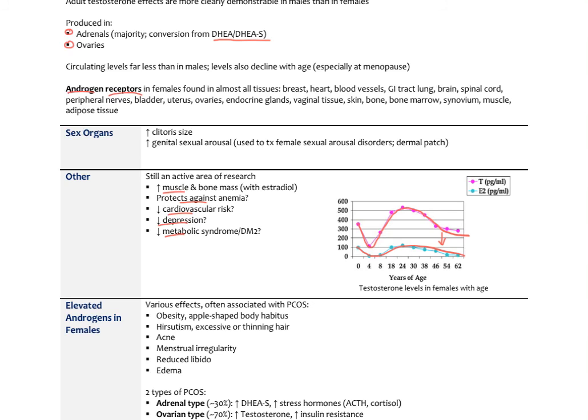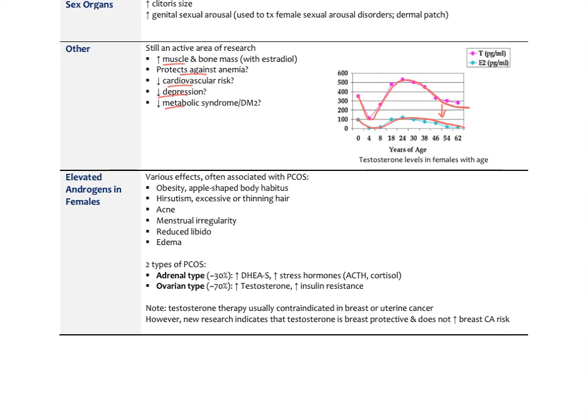We usually think of androgens in females in a negative sense, with elevated androgens, and that happens very clearly in PCOS. And again, there's really two types of PCOS. One would be the adrenal type, about 30%, where there's an increased secretion of DHEA, usually from increased release of ACTH along with cortisol with stress. The other would be the ovarian type, about 70%, with increased testosterone and more insulin resistance. So we get ovarian secretion of androgens in those cases.